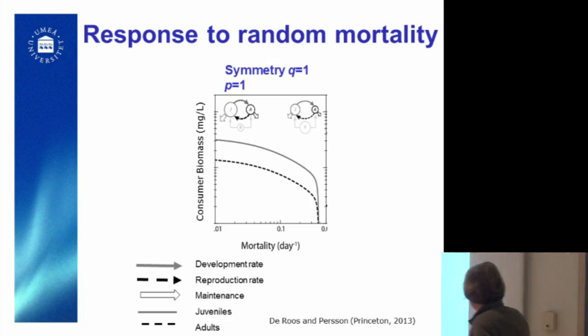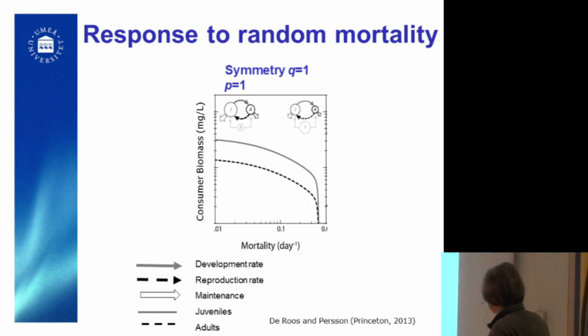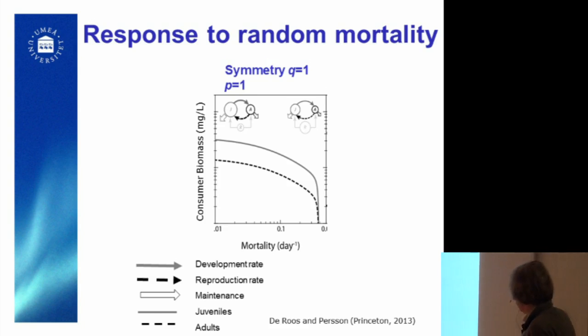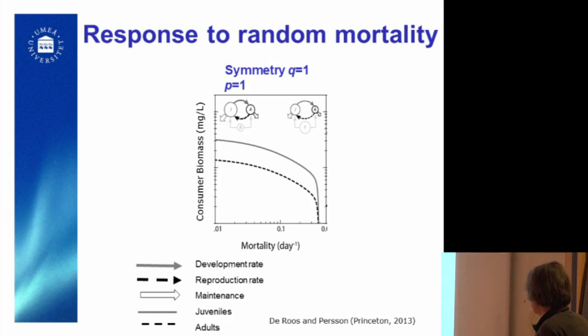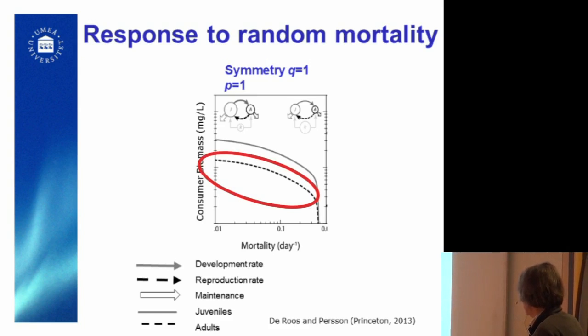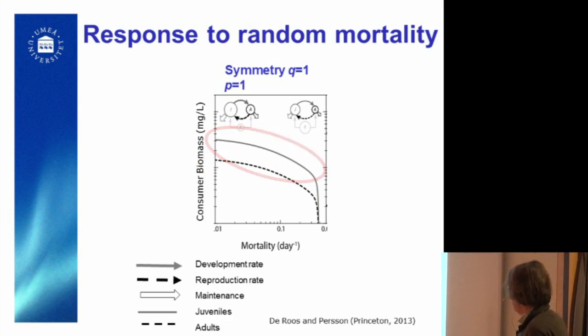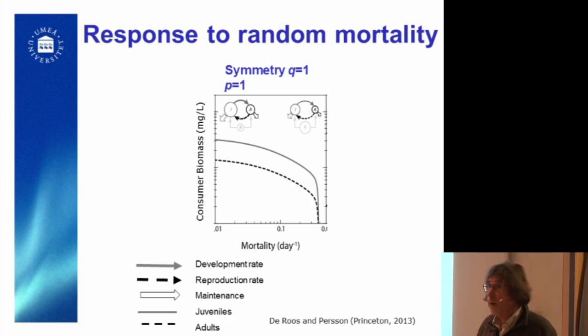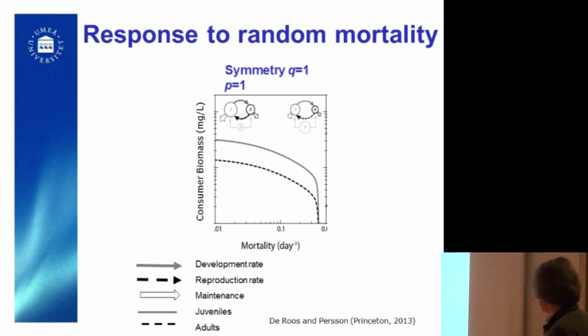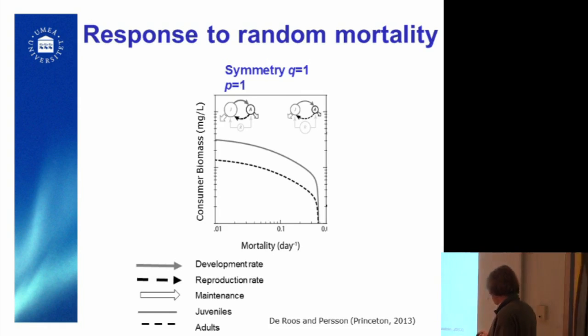Well, if we look first at this graph in the middle, where we have consumer biomass on this axis, and this is mortality that is random, a mortality that affects both juveniles and adults. This is the biomass of adults, this is the biomass of juveniles, and this is how these biomasses respond to increased mortality. And what we see is what we know from standard ecological theory: consumer biomass decreases with increasing mortality.